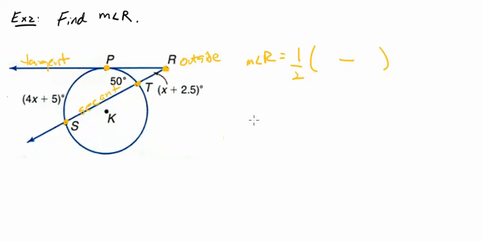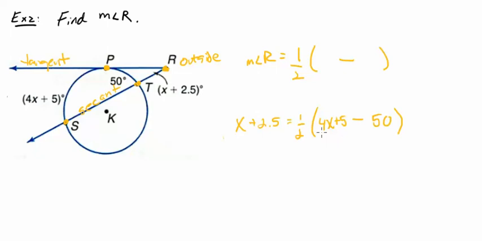Okay, we know angle R has a measure of x plus 2.5. And we have an arc of 50 degrees, which we're going to subtract from the larger arc of 4x plus 5. Okay, and I'm not going to put 4x plus 5 in parentheses just because it's the leading term. It's not affected by this subtraction sign.